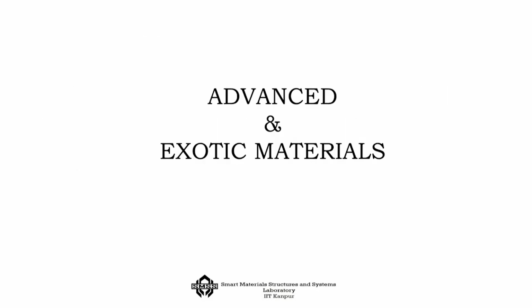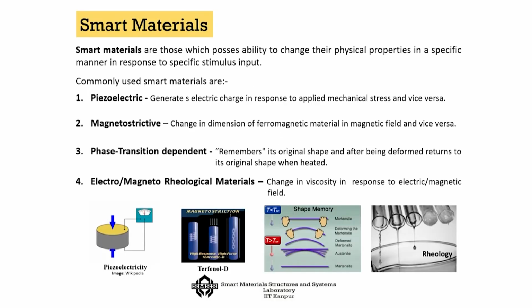To make our life more challenging, we have some advanced and exotic materials also, like the smart materials. There are 4 groups of smart materials. They are 4D materials, meaning they change their nature with respect to time. Like piezoelectric material, which can generate an electric charge in response to a mechanical deformation.